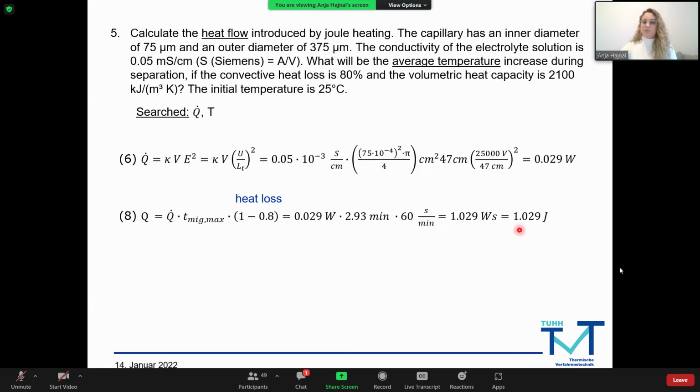And in the end, depending on how you round, you should obtain between 1.02 and 1.03 joules. Now, what is asked from us in the task is the average temperature increase during the separation.